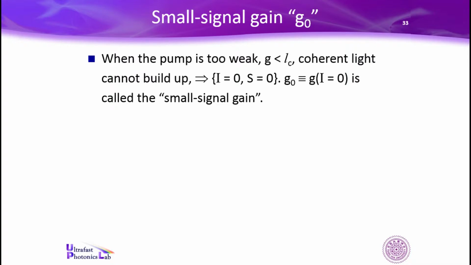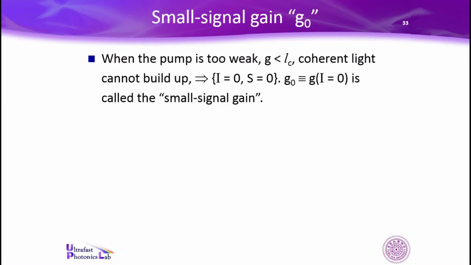Let's talk about the gain formulas step by step, starting with small signal gain. Okay. When the pump is too weak, your gain is smaller than the cavity loss. In this case, coherent light cannot build up. That means gain is too weak. So maybe you got some amplification, but it's insufficient to compensate for the loss of photons.